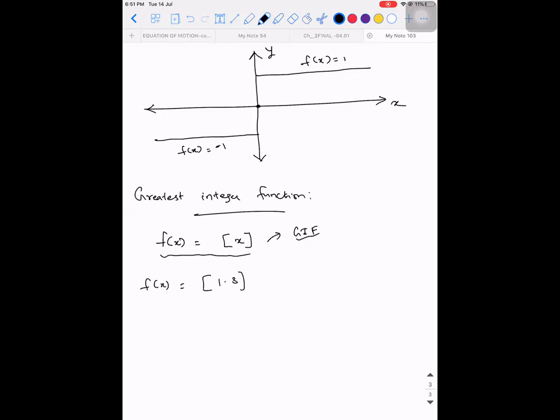I'm taking an example: f of x is equal to the greatest integer of 1.3. Is 1.3 an integer, is what I asked.